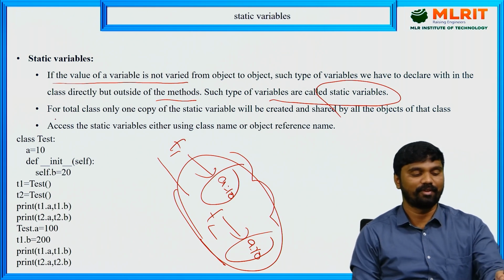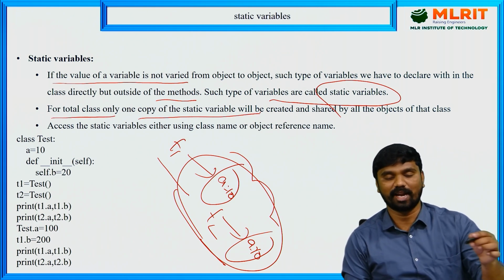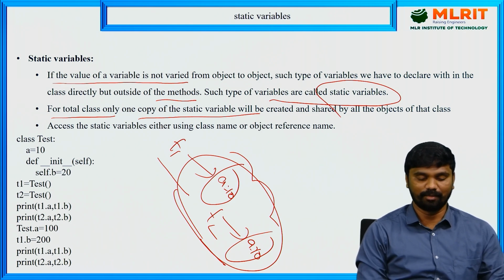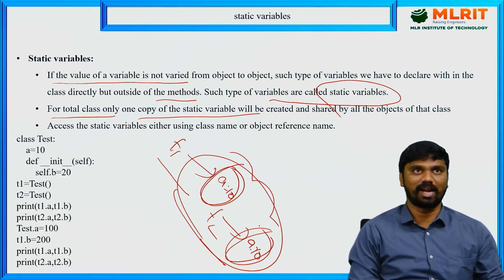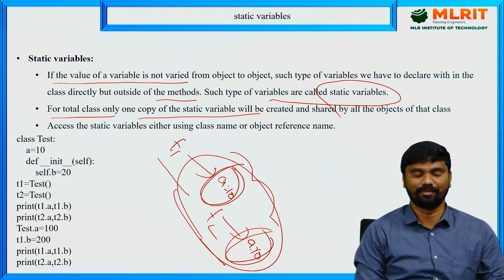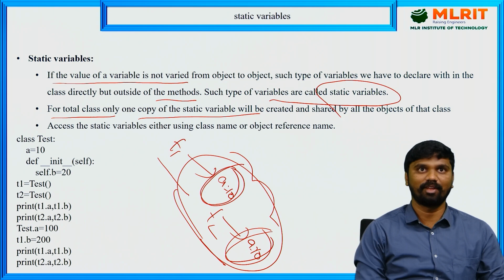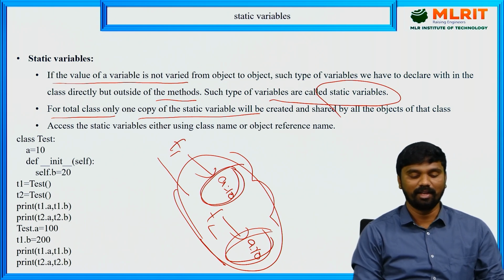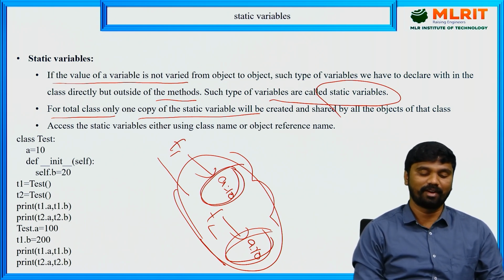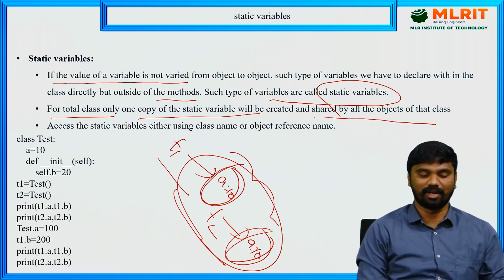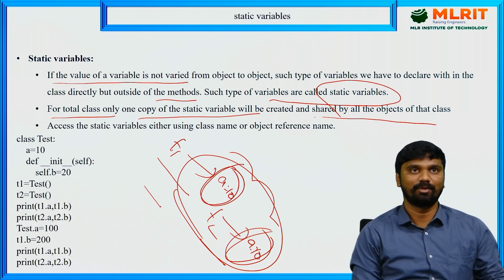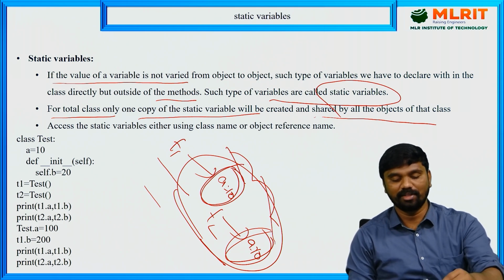For the total class, only one copy of the static variable will be created. That is why the static variable's value does not differ from object to object. For the entire class, only one copy is maintained for the static variables, and that value is shared by all objects of the class. That copy is shared by the T1 object and the T2 object.